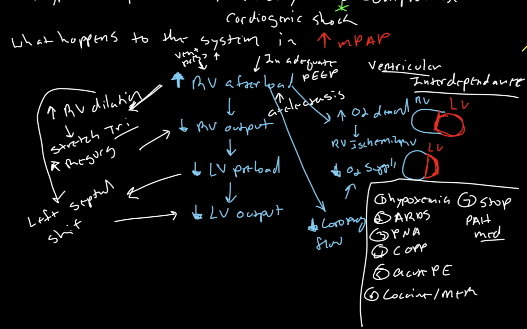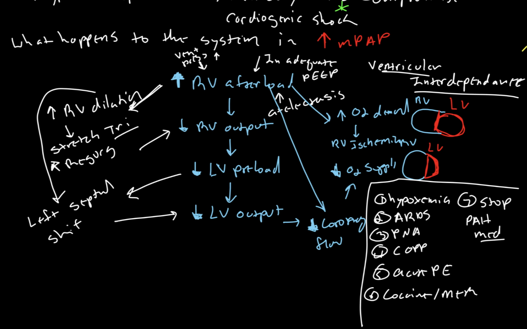All right, let's synthesize this really quickly before I move on. If we have an increase in RV afterload and a subsequent decrease in LV output, right, we're going to have a decrease in our coronary flow. Okay? With a decrease in our coronary flow, we'll have less oxygen supplied to the myocardium.